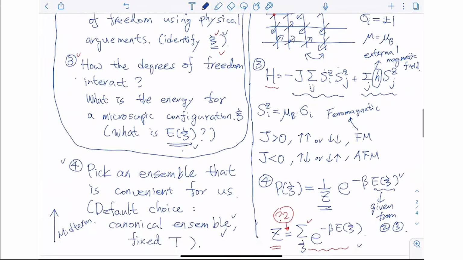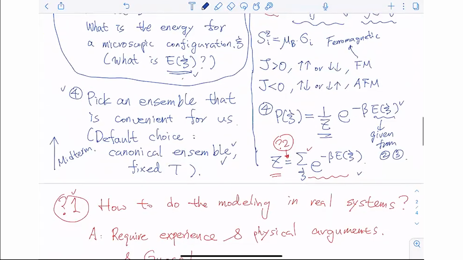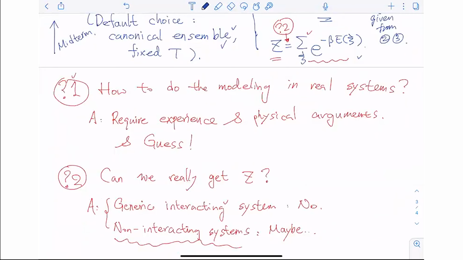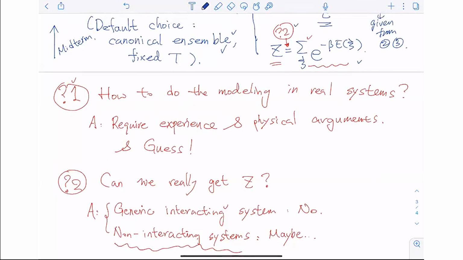And we also emphasized during this procedure, we might encounter several difficulties. One is about the correctness of the modeling, and that could take some experience or some physical arguments to make it right. And most of the time, they are iterated between the theoretical physicist and the experimental physicist. Okay. And the second obstacle is usually the obstacle for theoretical physicists. That is, after we do the modeling, can we really construct the corresponding partition function?